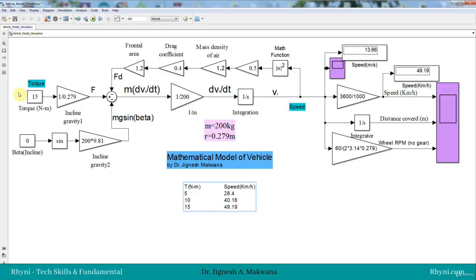When this torque is applied to the vehicle, we can predict the performance of the two systems combined, the electrical as well as the mechanical system. So when we supply the voltage to the electrical system, it will generate the torque from the motor, and this torque is applied to the vehicle model and it will result in speed. So when we supply the voltage, we will get the speed and the performance parameters. Hope you got the basic idea about the system level simulation of the vehicle with the help of the MATLAB simulation model.